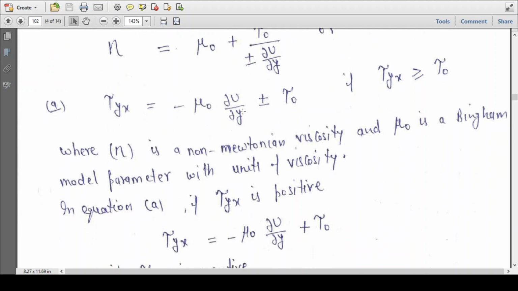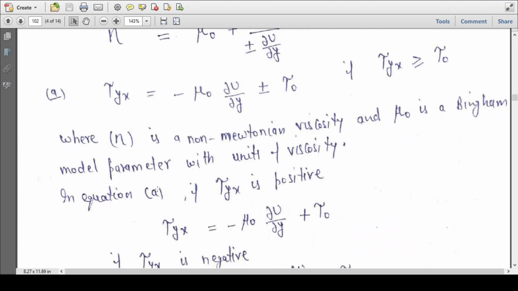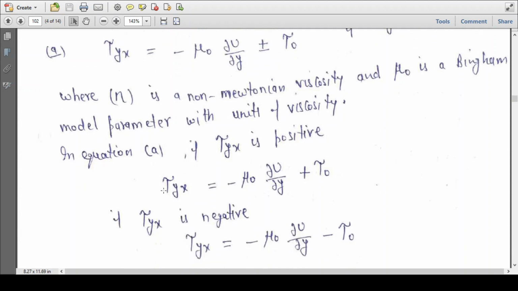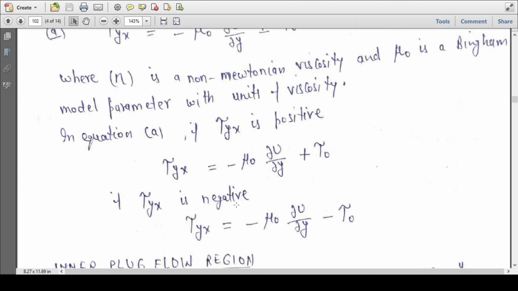In this case, for a Newtonian fluid, and mu naught is the Bingham model parameter, tau yx equal to minus mu naught del u upon del y plus tau naught when tau yx is positive. If tau yx is negative, then tau yx equal to minus mu naught del u upon del y minus tau naught.